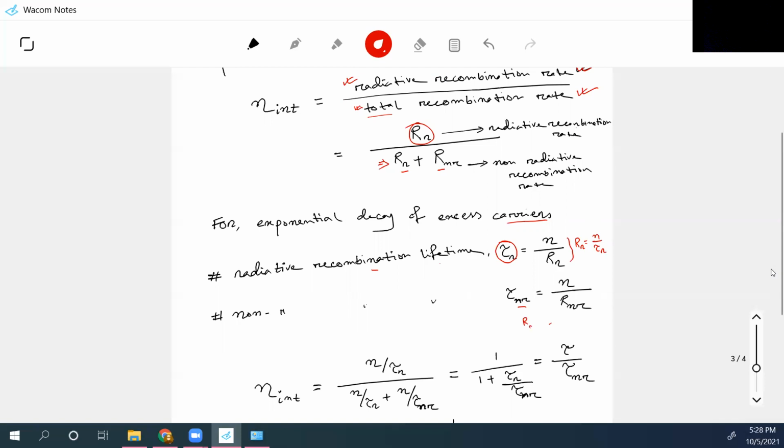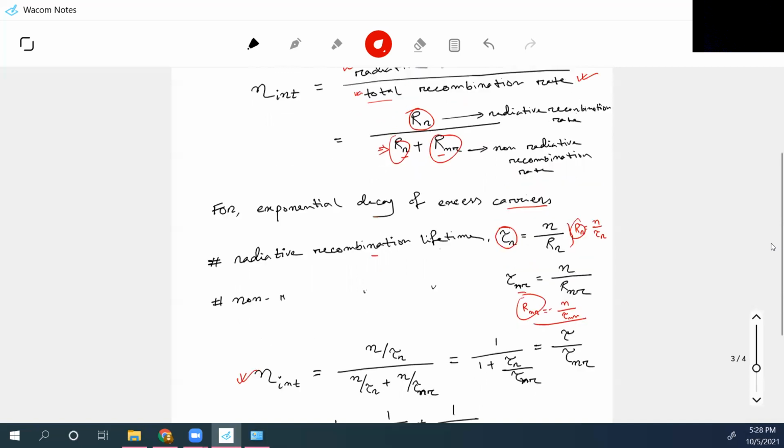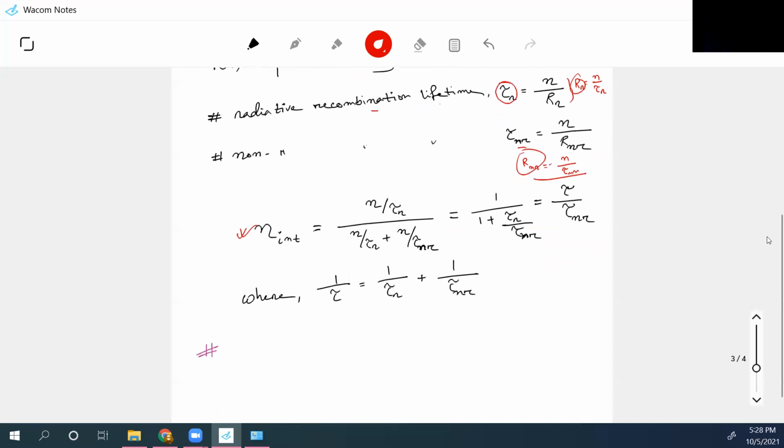R of nr is nothing but n by tau nr, right? These two values we will put back here. So we want to find the internal quantum efficiency. Solve it, and we will end up with this relation.